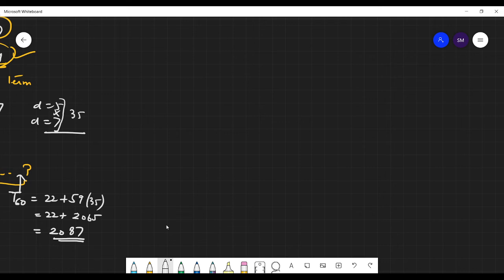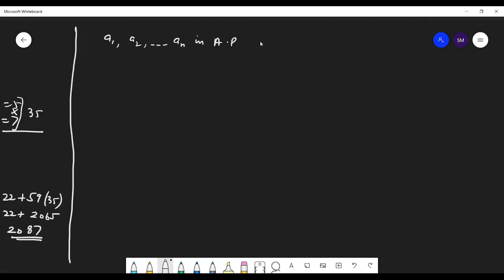Now we have terms A1, A2, ... AN are positive for all I. So this is the symbol. That's the symbol for all.